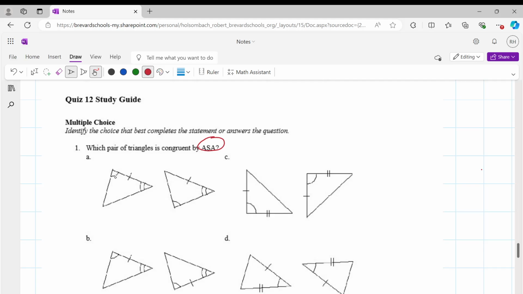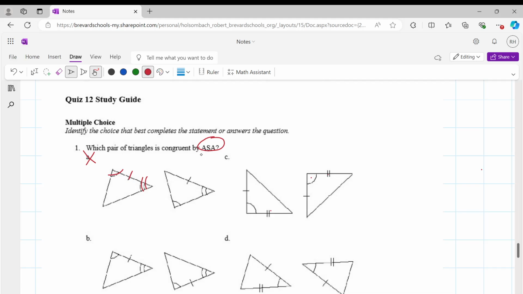So problem number 1, we've got an angle, side, angle. But then in this second triangle, the side is not between the congruent angles. So it can't be A. In C right here, we've got side, angle, side, side, angle, side.